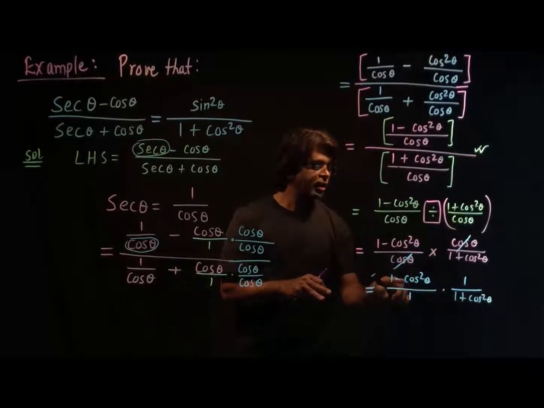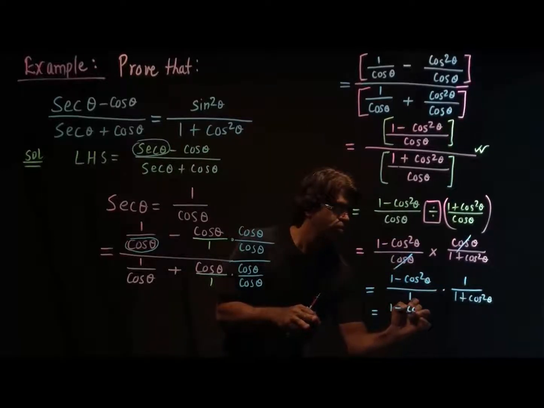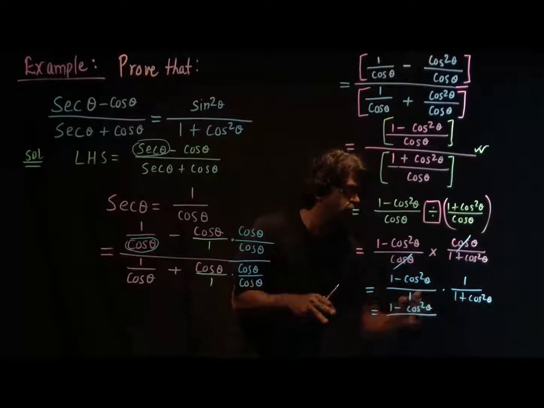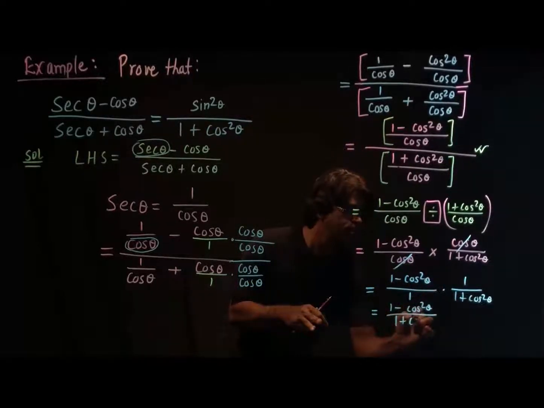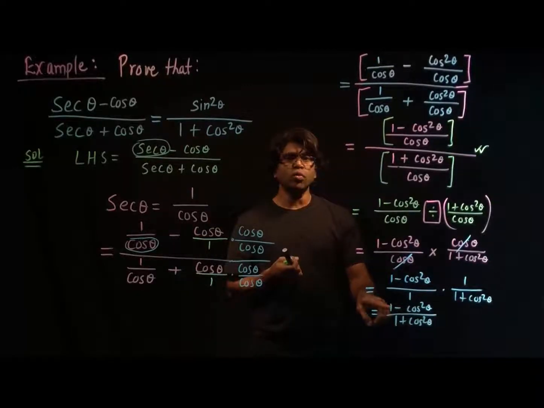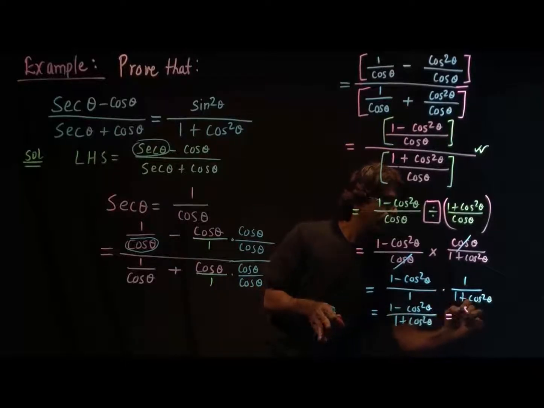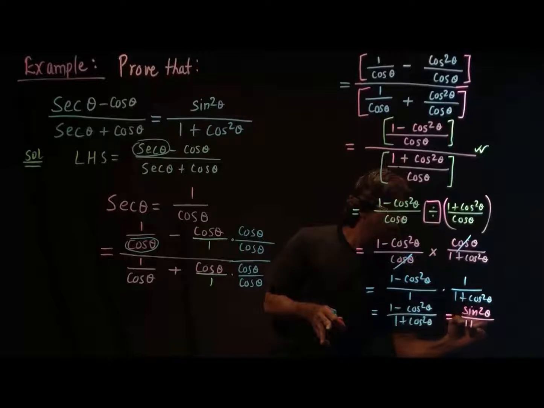Now 1 minus cosine square theta times 1 is 1 minus cosine square theta, and 1 times 1 plus cosine square theta is 1 plus cosine square theta. And we all know that 1 minus cosine square theta is sine square theta, over 1 plus cosine square theta.